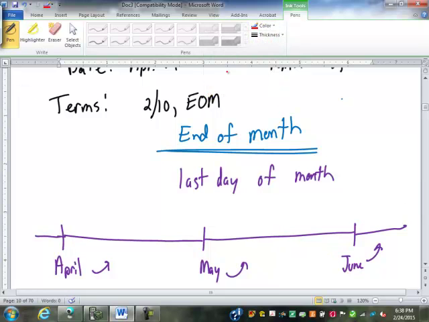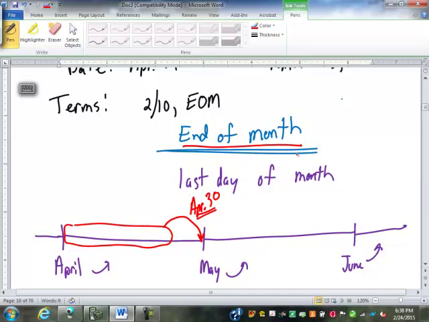The invoices that are put out in the month of April are all going to get gathered up and they're going to get handled. They're going to get invoiced and billed on the last day of the month, on the last day of April, which would be April 30th. Is going to be their effective invoice date. So EOM means the end of the month, or the last day of the month is the effective invoice date.